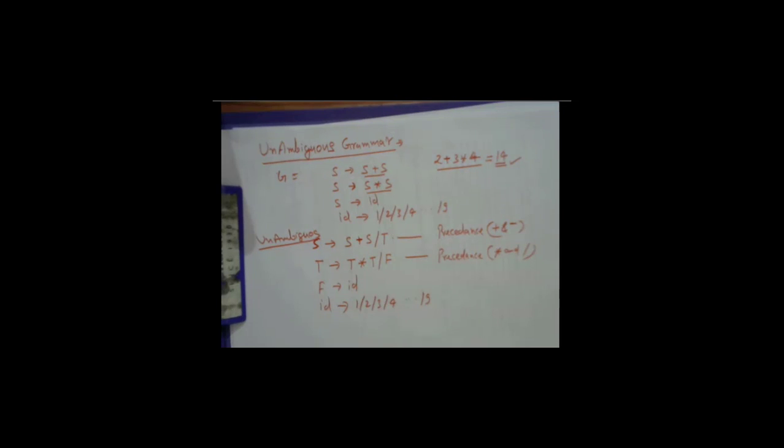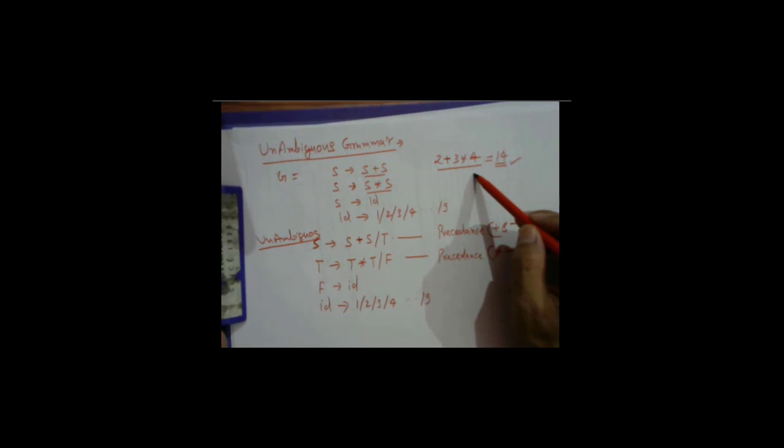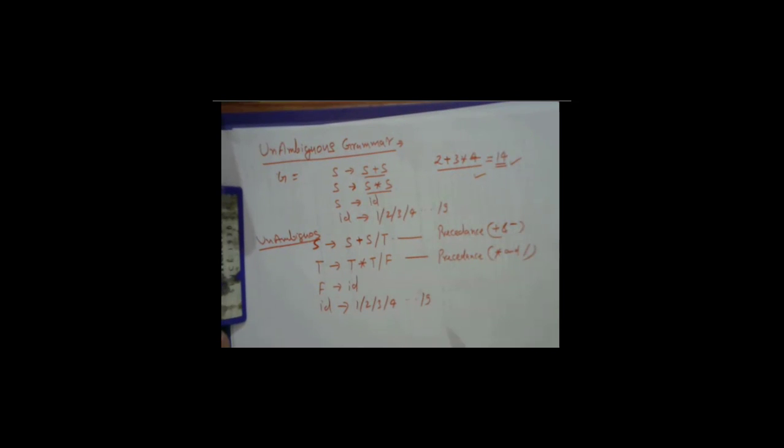There are two extra variables we are using here, T and F. If we want to derive the same string 2 plus 3 into 4 with this unambiguous grammar, we can form the exact result with the help of this reduced grammar.